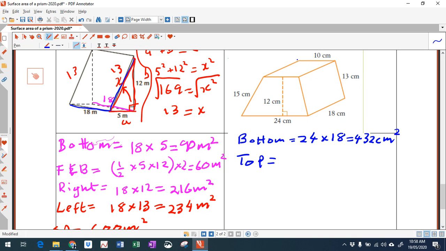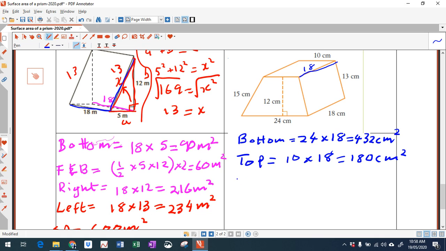Now the top is not the same as the bottom, that's different. The top is, that's 10 there. You get the idea. And this side here is what we need, that's 18. So the top will be 10 by 18, which is 180 centimeters squared.